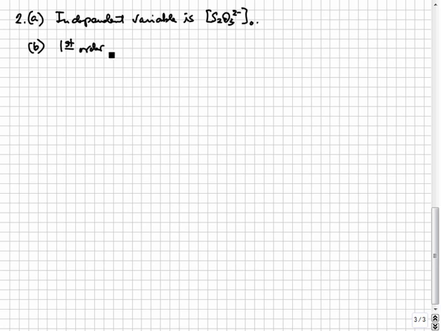(2a) In the experiment, the initial concentration of S2O3^2- is varied and the initial rate is measured, so the S2O3^2- concentration is the independent variable. (b) This is a first-order reaction because the rate increases linearly with the concentration of S2O3^2-, so the rate is k multiplied by the S2O3^2- concentration to the first power.